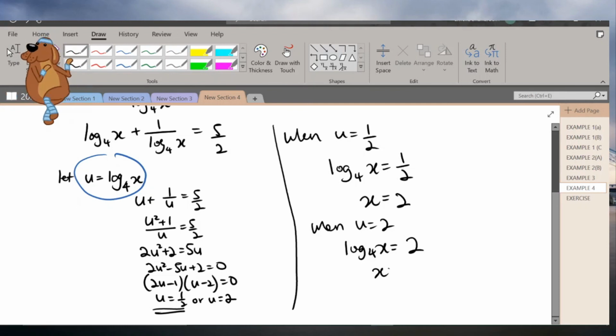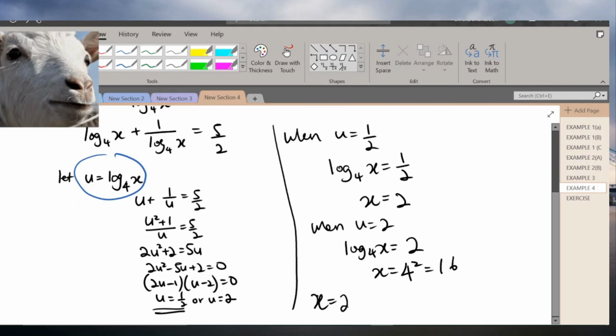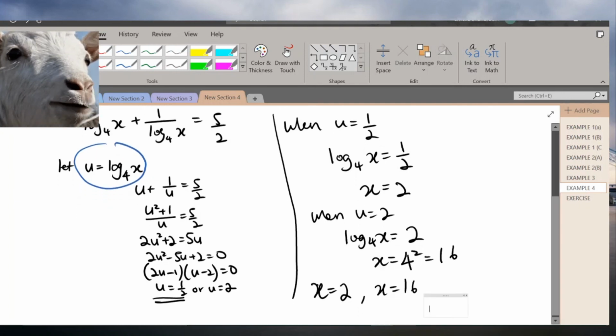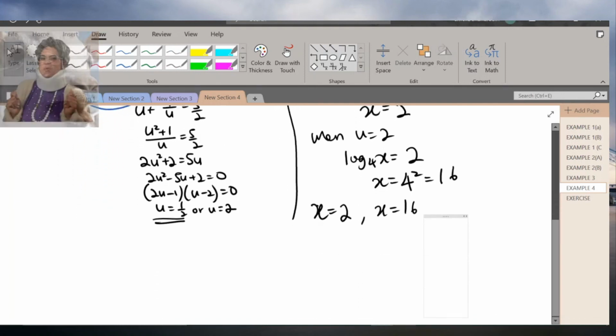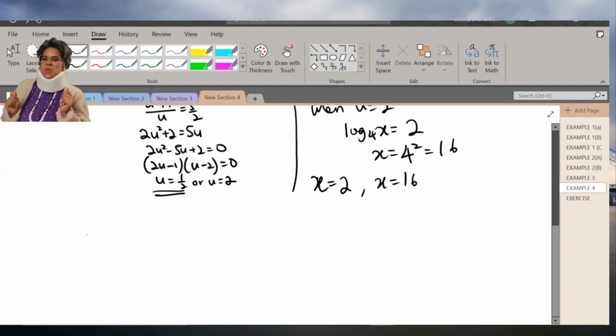That means x is 4 squared, which is 16. So we have x is equal to 2 or x is equal to 16. In our final step of the calculation, don't forget to check your answers.